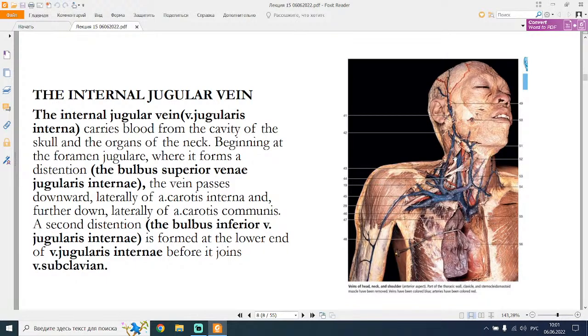So the vena jugularis interna has two bulbi: bulbus superior and bulbus inferior.